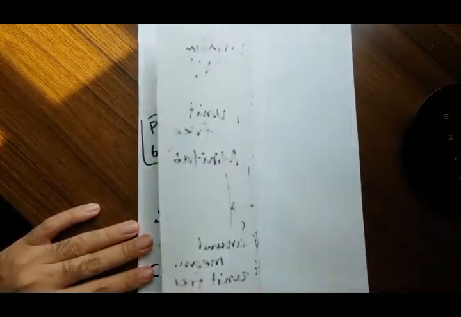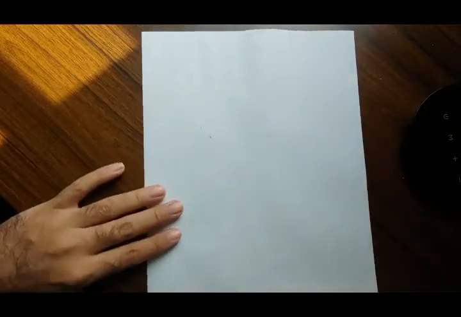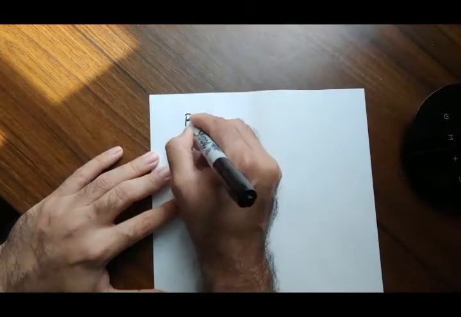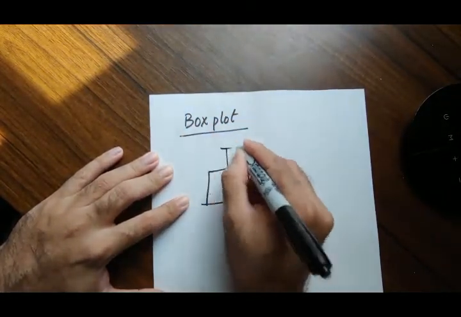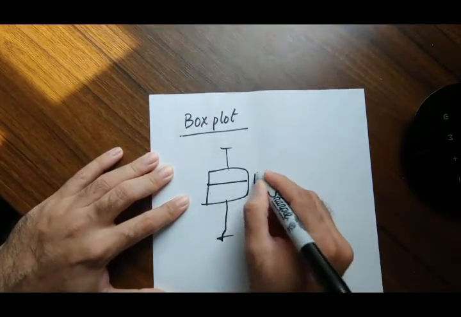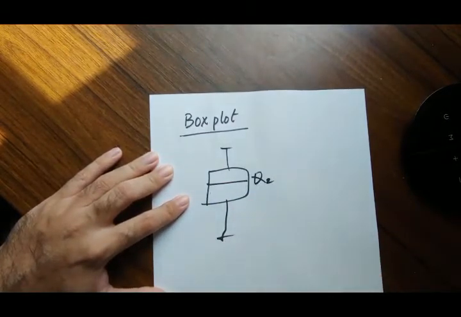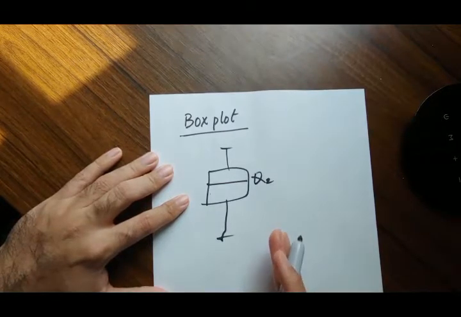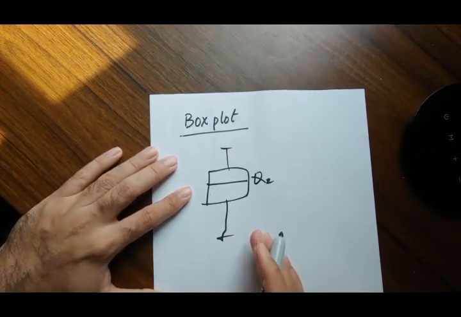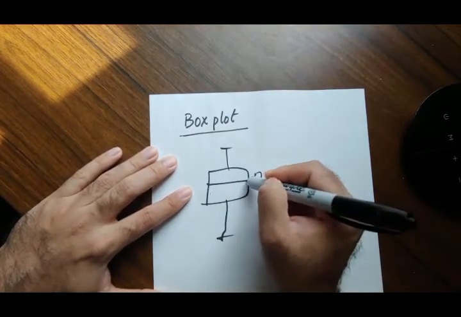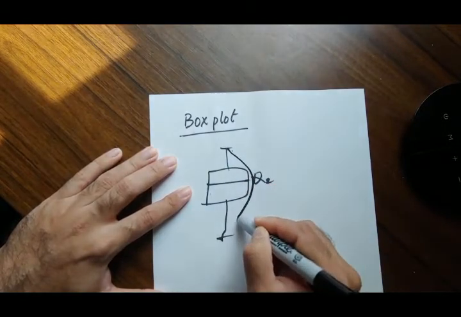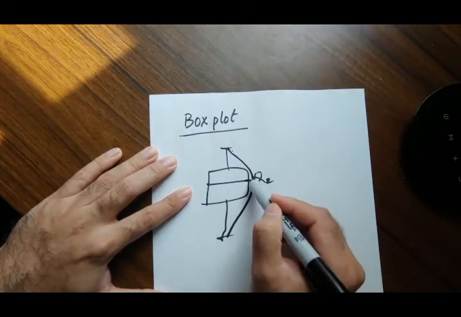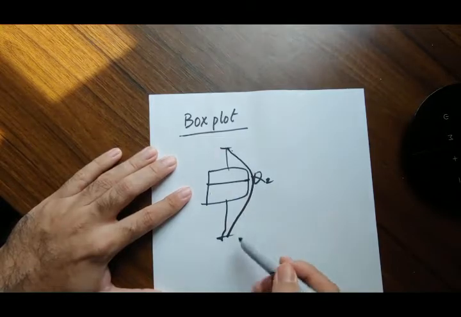On the same note, we need to discuss one more thing about the box plot. If you remember, this is the box plot, this is the end of the whiskers, and this is the mid value Q2. We actually can find out the shape of the box plot. How do I find the shape? By calculating the distance from the median to this end. So here, if I draw this, you can see that the median is in the middle, but it's not quite in the middle.